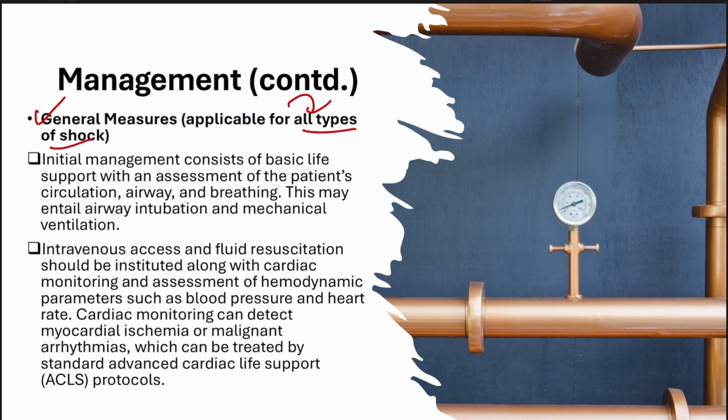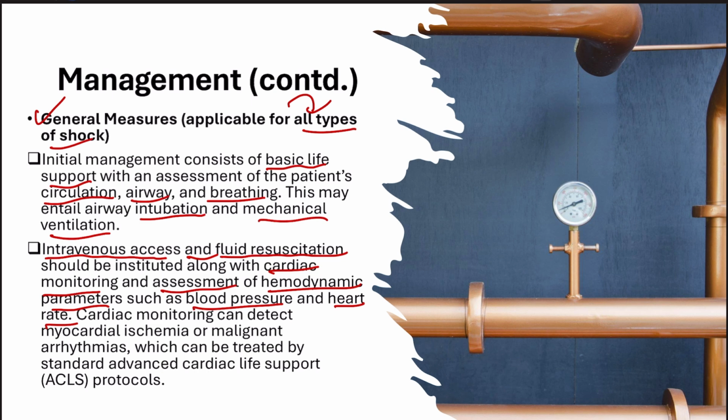Initial management consists of basic life support, where we assess the patient's airway, breathing and circulation, and if required we will do intubation and mechanical ventilation also. That is basically providing oxygen to the patient. Then we will gain intravenous access, and start fluid resuscitation along with cardiac monitoring and assessment of hemodynamic parameters such as blood pressure and heart rate.